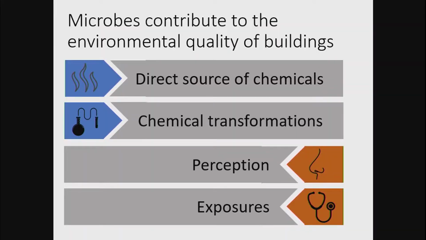So microbes contribute to the environmental quality of buildings, both as a direct source of chemicals, as part of their normal metabolic processes, they will emit chemical products, but also in terms of transforming chemicals in their environment. So for example, microbes can play a role in the degradation of plasticizers in household dust. And these chemicals not only affect our perception of that space and that building, but it has important implications for our exposures.